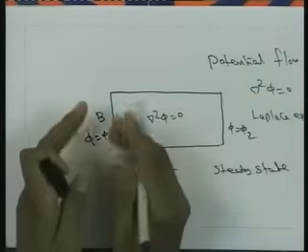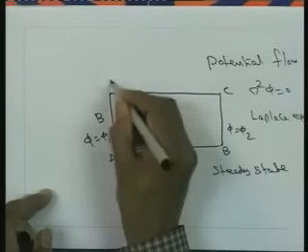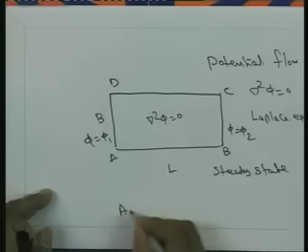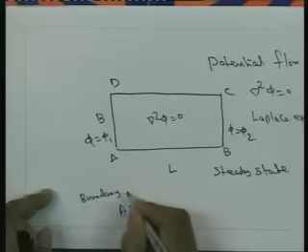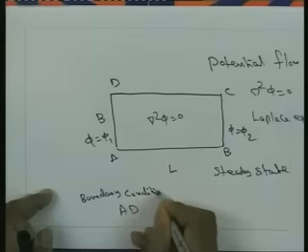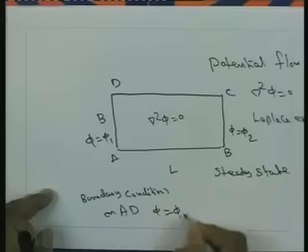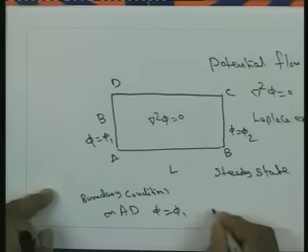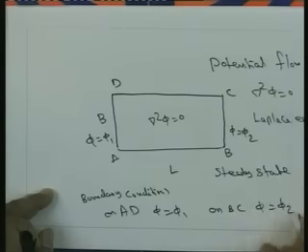So, for the boundary conditions on this domain ABCD, on AD the boundary condition is phi equal to phi 1, and similarly on BC we can prescribe phi equal to phi 2.